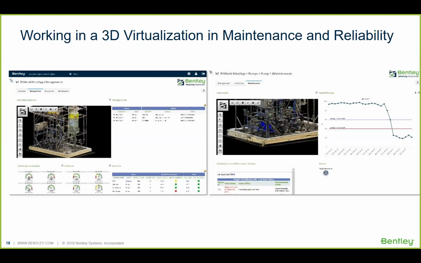So here we see IIoT, asset performance management, and advanced analytics, and a 3D virtualization in action in really a day-to-day scenario. We can see some time series data, the IIoT data from MindSphere showing the historical values of, for example, the flow rate, and the associated reliability strategy and recommended actions are there as well.